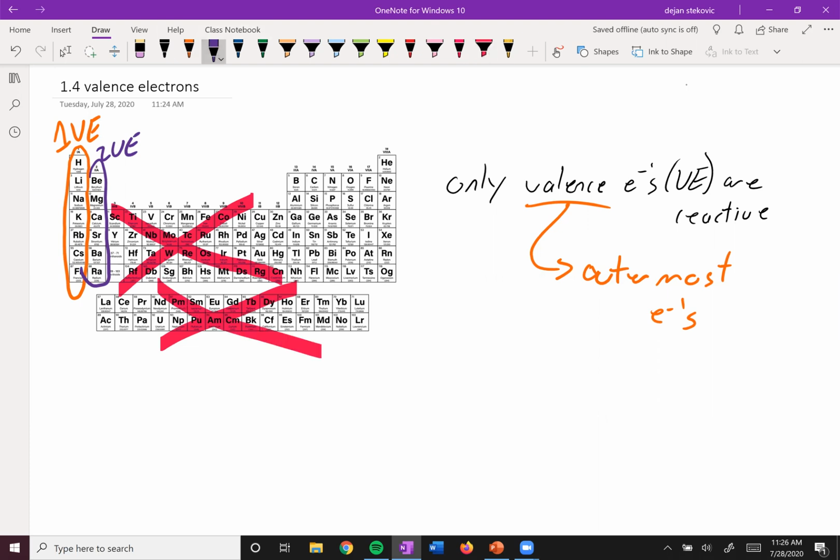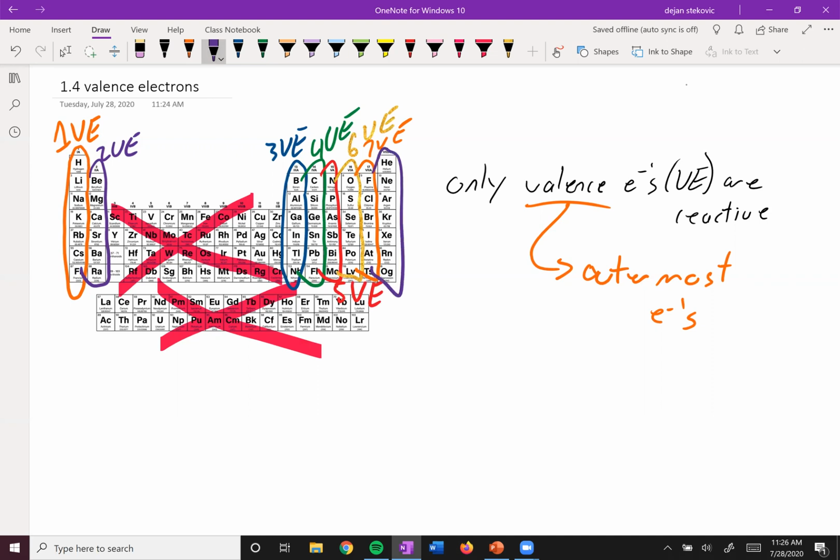And then in our group 3A, we have three valence electrons, then four valence electrons, five valence electrons, six valence electrons, seven valence electrons, and then finally our noble gases, we have eight valence electrons, right?